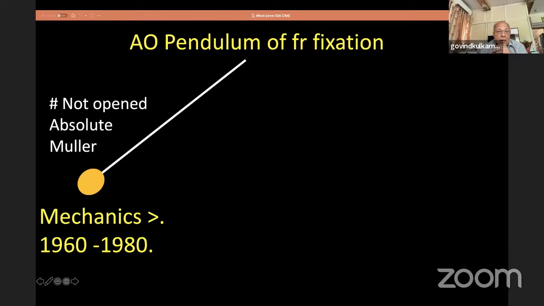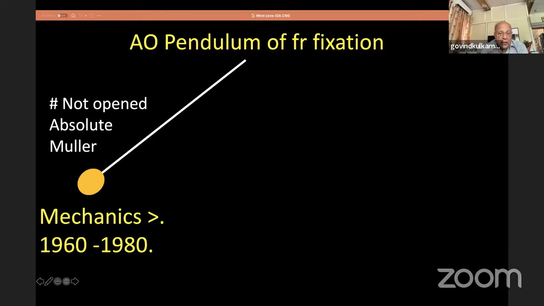The fracture was opened completely, and every fragment was isolated and fixed and compressed, and they called it absolute stability.